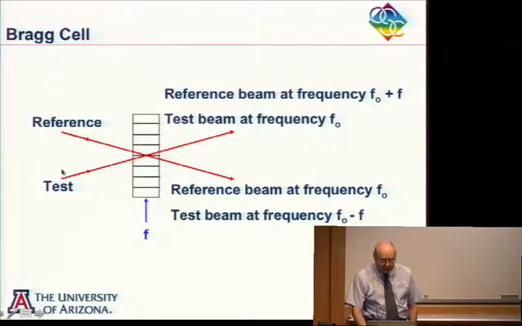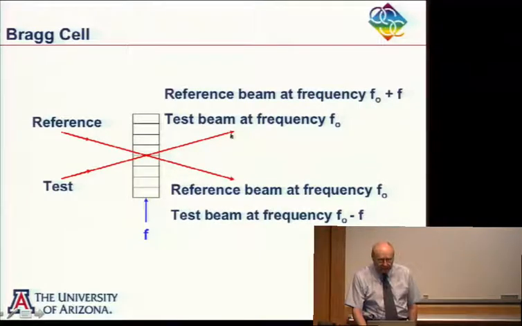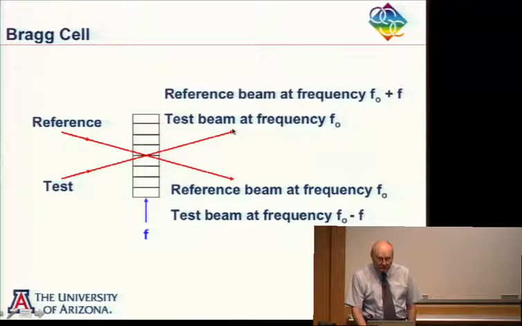And so let's say the reference beam comes out here, and it's diffracted up here at this angle. And if I'm driving this Bragg cell at a frequency f, then this is frequency shifted up here by frequency f. And I've arranged this angle here to be just right so that the 0 order for the test beam comes out at the same angle as the first order for the reference beam.